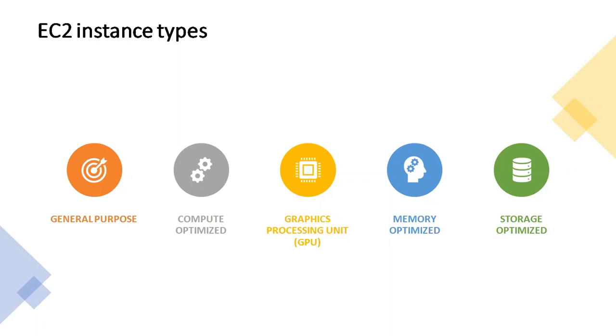Compute optimized. Compute optimized instances are used to run big data applications that require large amounts of processing power and memory on the AWS cloud.